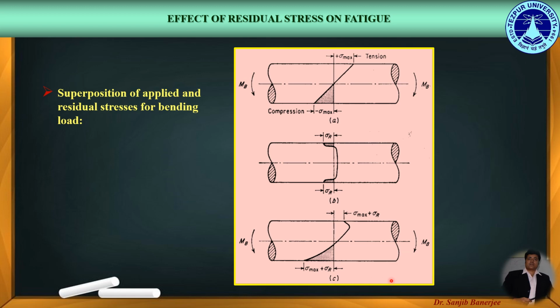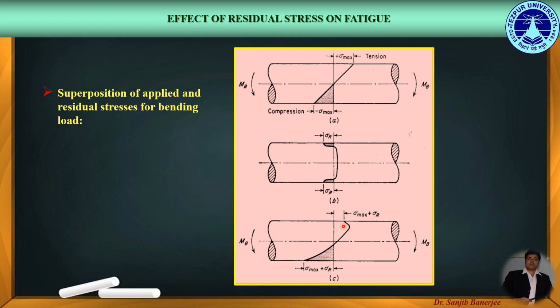The third figure shows the stress distribution due to the algebraic summation of the external bending stresses and the residual stresses. We may note that the maximum tensile stress at the upper surface is reduced by an amount equal to the surface compressive residual stress.